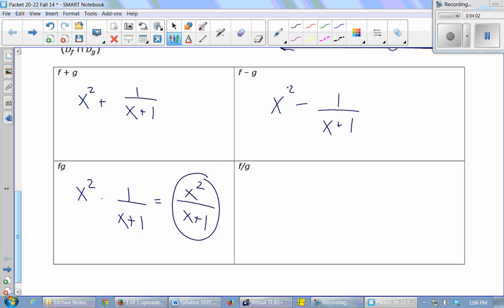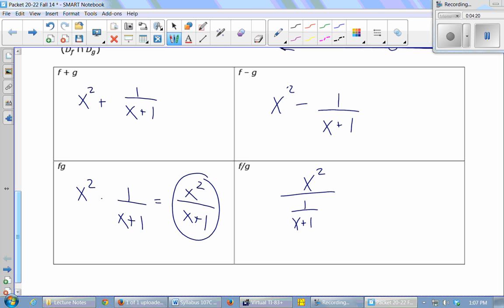Quick simplification. The addition and subtraction, I could get a common denominator and add those together. You don't have to. Just leave it like that. And then f over g, just divide their formulas. x squared divided by 1 over x plus 1.